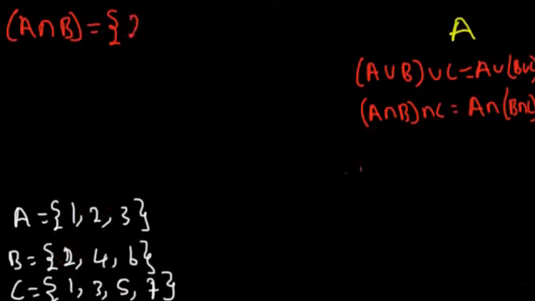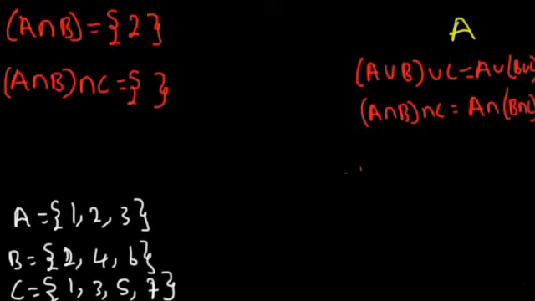Therefore, (A intersect B) intersect C will be equal to what? There is no common element between A intersect B and C, therefore it will be the empty set, which we denote with empty brackets or something like this.